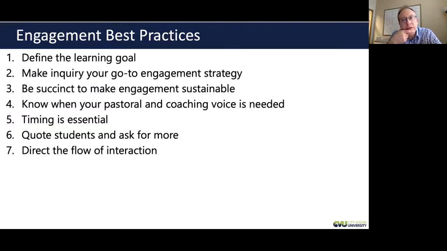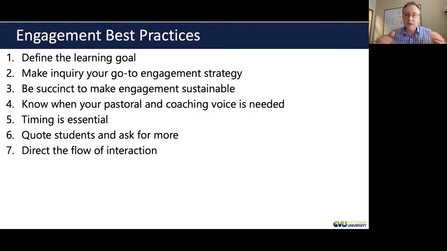And then, direct the flow of interaction. Think of yourself as a traffic cop, telling people when to stop and go, and pointing to where they need to drive. Let's say that Adam has a post and it relates to or contradicts Janine's. So talk with them and say, hey Janine, Adam wrote something that's talking about this, and I'd like you to reply to him. You're actually telling students how to reply, and you're helping them think like that Venn diagram.